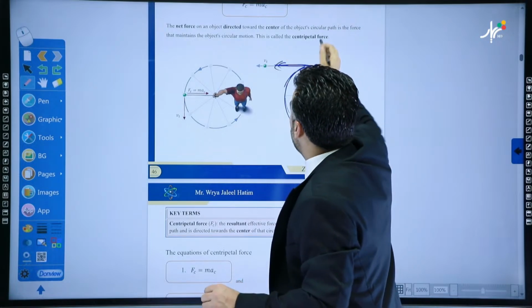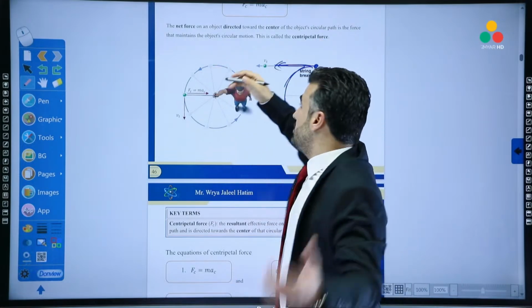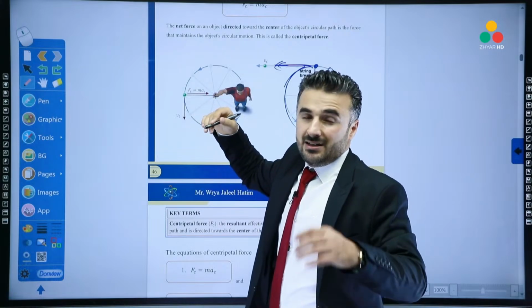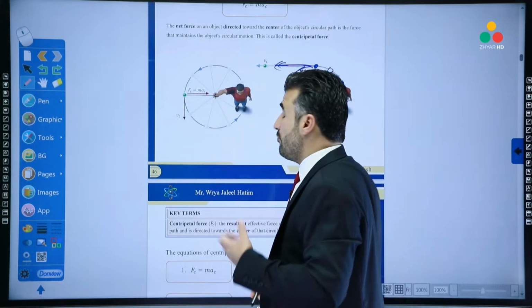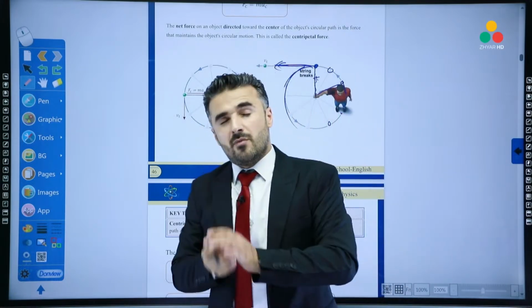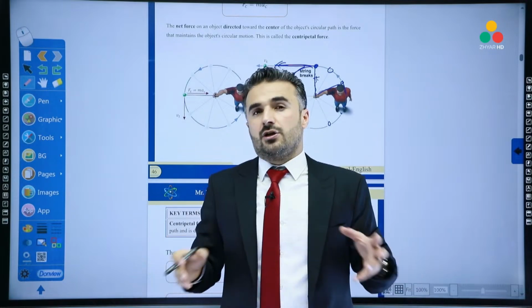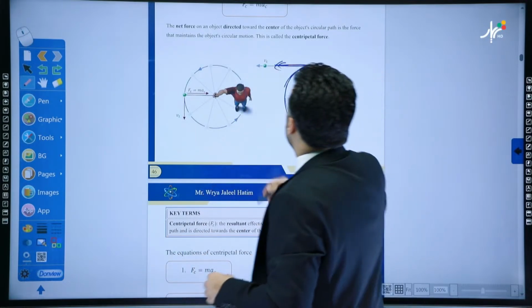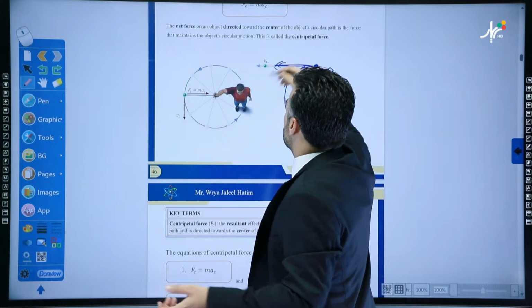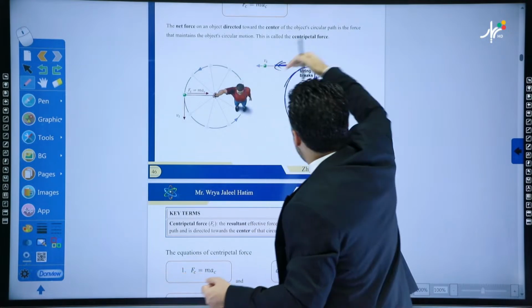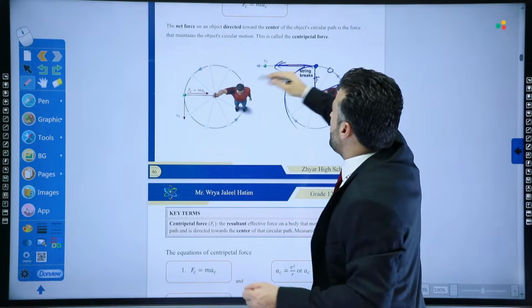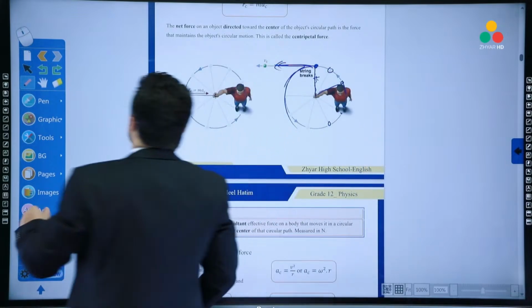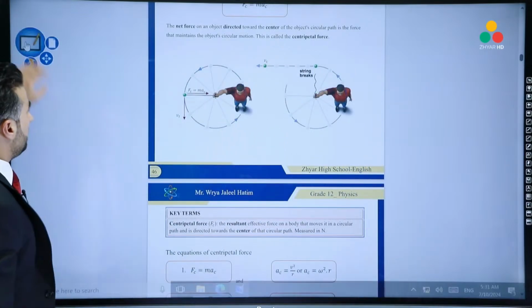The object will continue in a straight line tangent to its circular path. But why will it move in a straight line? Remember, it is because of its inertia. Inertia keeps the object moving in a straight line in this case. Because there is no force to bring it back or to change its direction, the object goes off in a straight line.